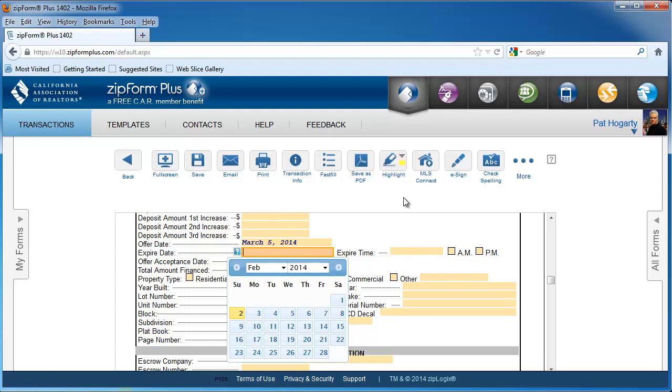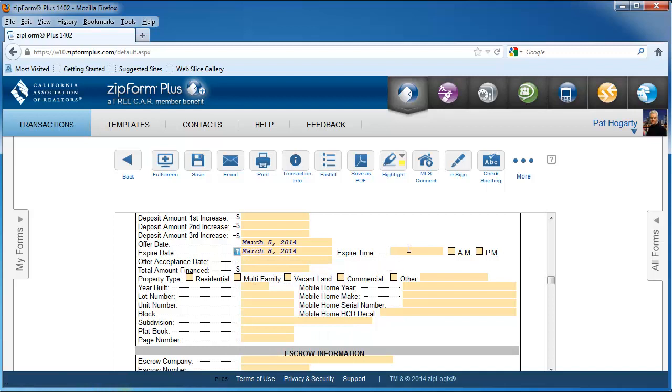Normally, in most situations, it's usually about 48 or 72 hours, which would be 2 days ahead or 3 days ahead. So I'm going to put in here March, and if we had it the 5th, 6th, 7th, I'm going to make it the 8th, March 8th.